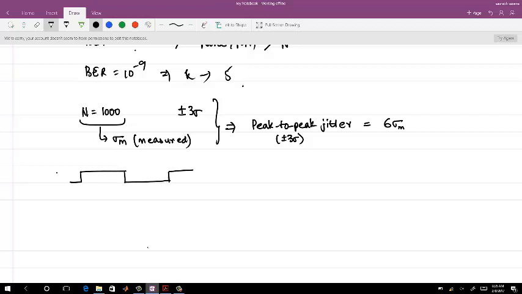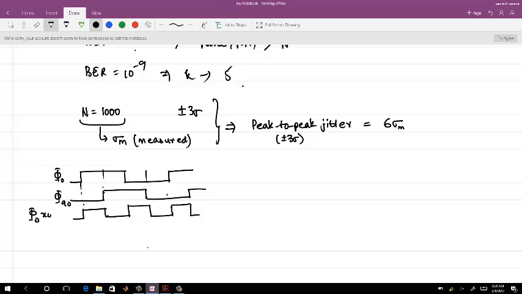I have this clock, phi 0 and phi 90, and I XOR these two and get a pulse width modulated or a higher clock, just double the clock.